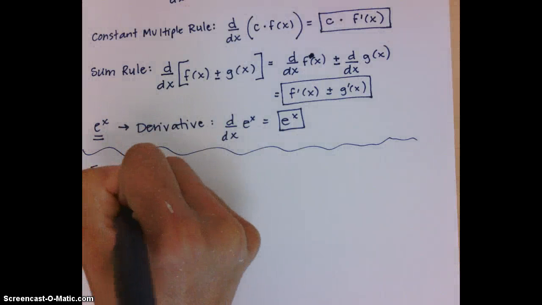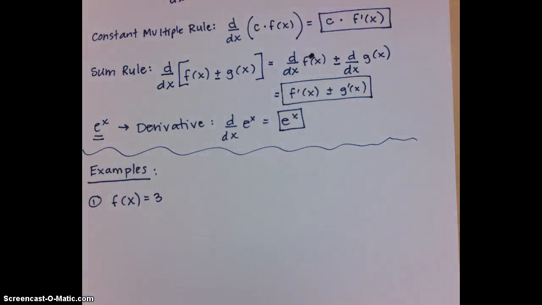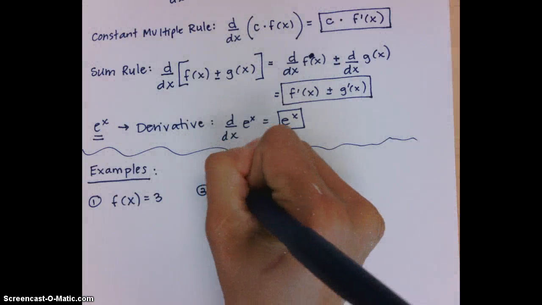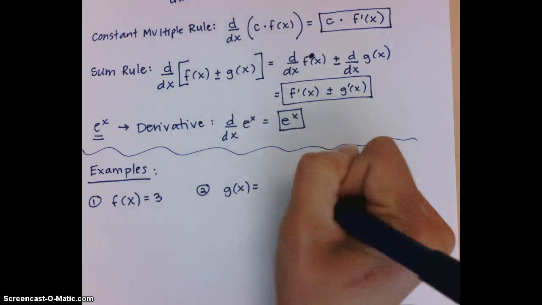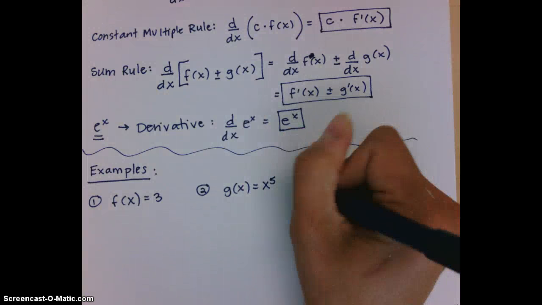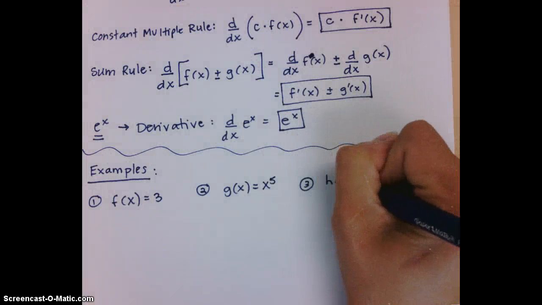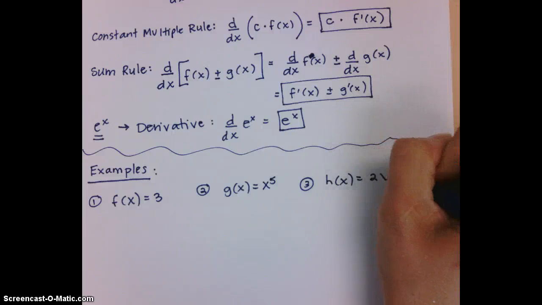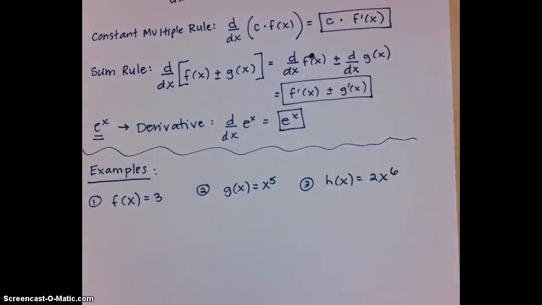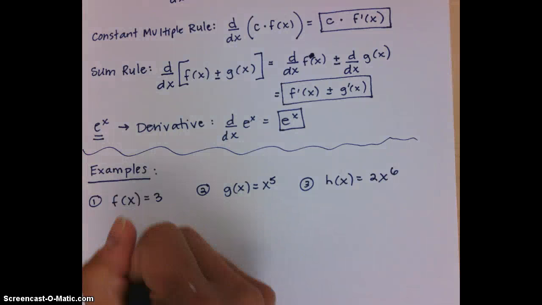Okay, so I'm just going to write down several examples here. The first example, we've got f of x equals 3. The second example, this function g is going to equal x to the 5th. My third example is a function called h, 2x to the 6th. I've got a couple more here.